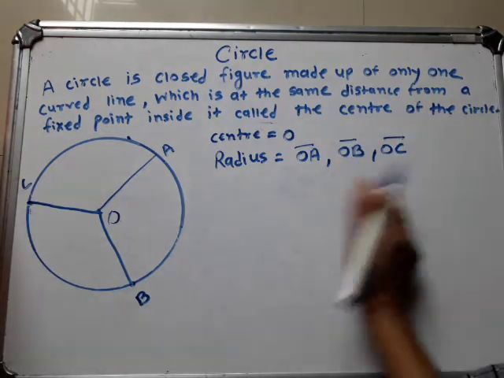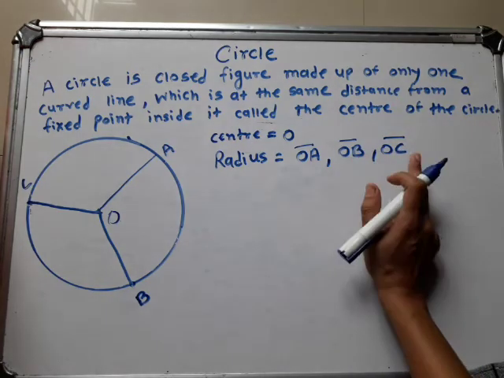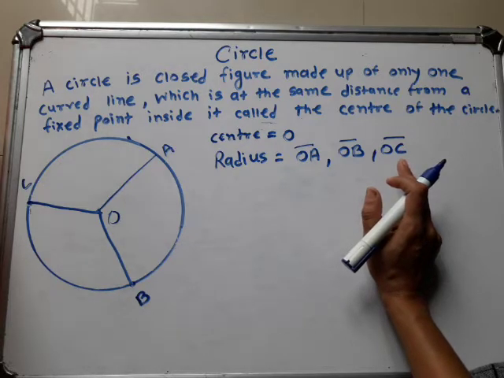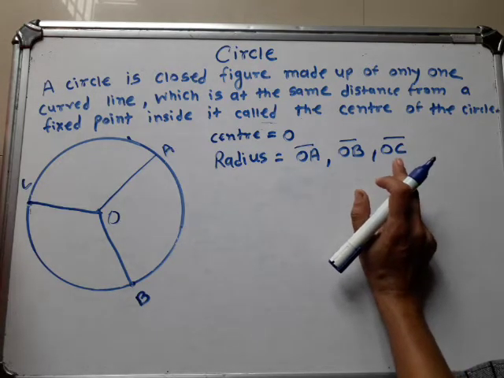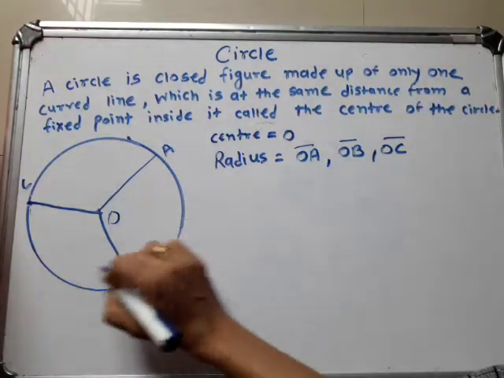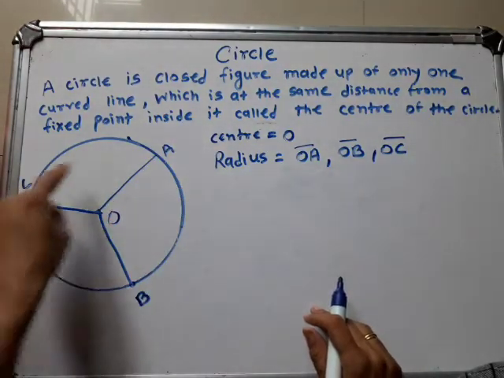These are all line segments, so we draw them here as sloping lines. And the length of all the radii is the same.